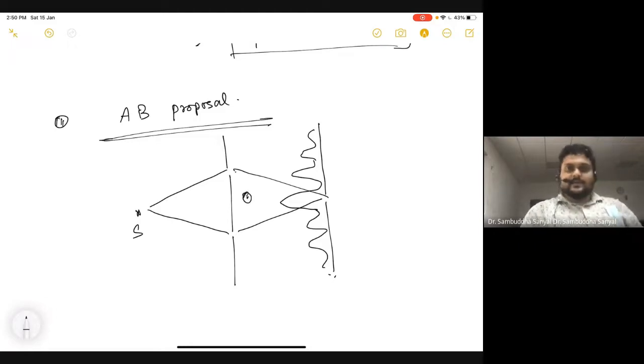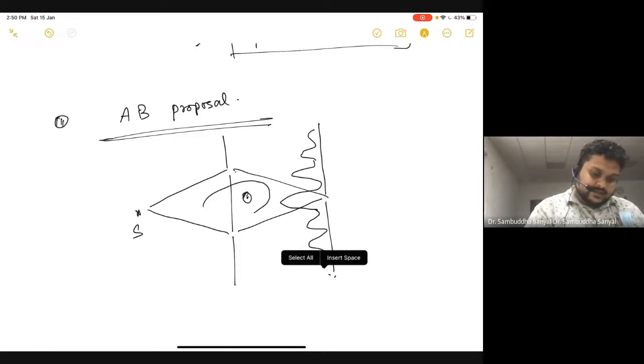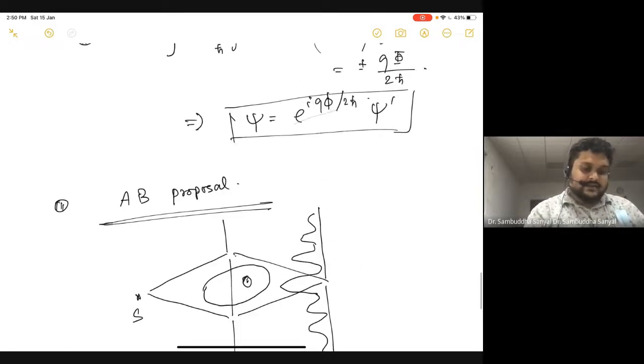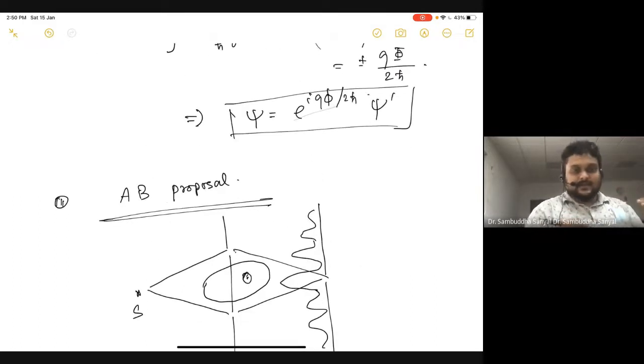Now with the solenoid here, I can take this enclosed path, and we learned that there is a degeneracy between the path which goes along some direction and the path which goes opposite to that direction. But if you turn on the magnetic flux, that degeneracy is broken.